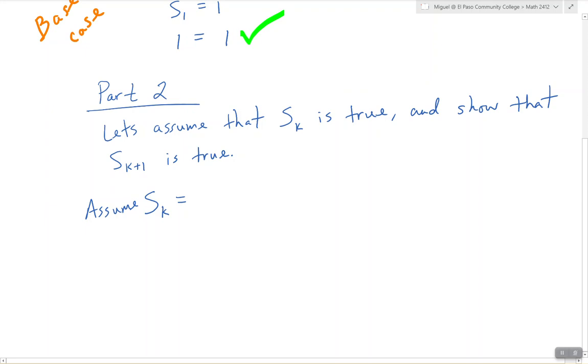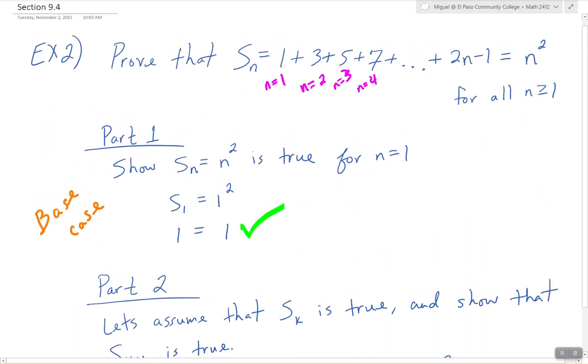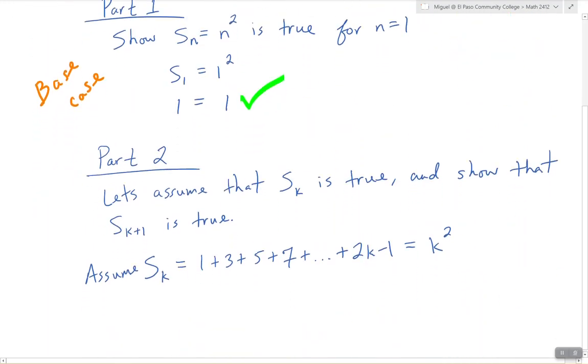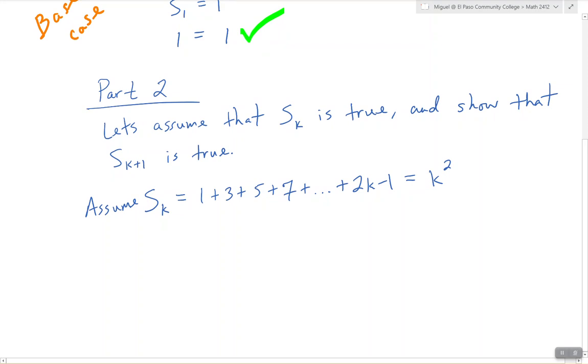So it's just the s sub n statement, but with k's instead of n's. So this is equal to this, right? Plus, keeps on going, 2k minus 1. And we're saying that this is equal to k squared. So it's just what we were given, right, in the beginning, but with k's instead of n's. So we're going to assume that this is true now. This part at least.